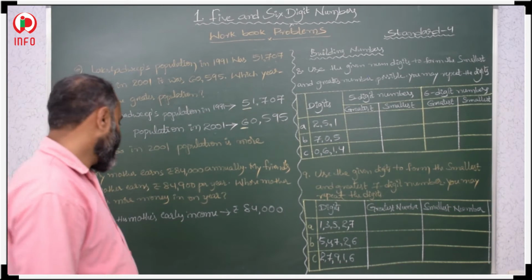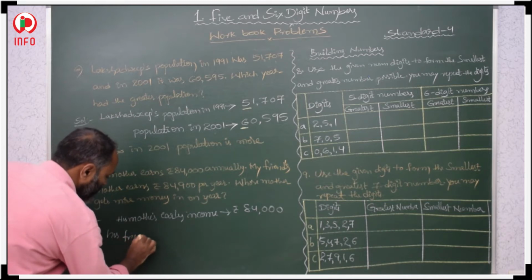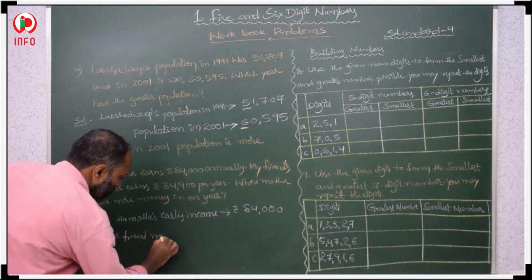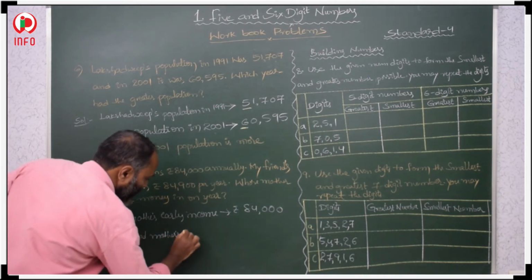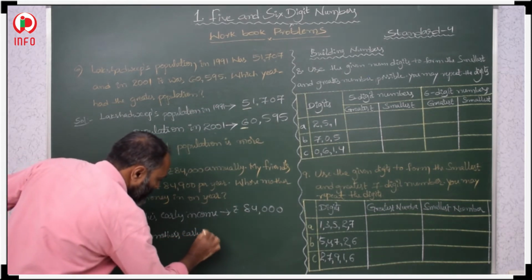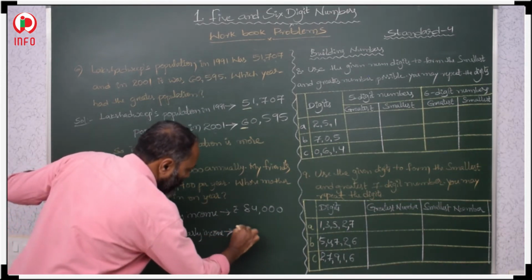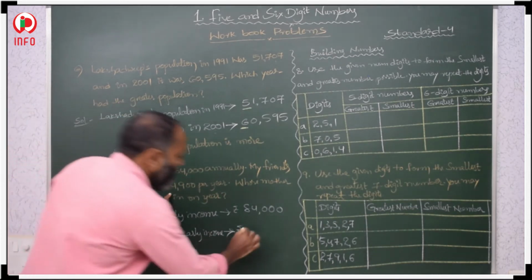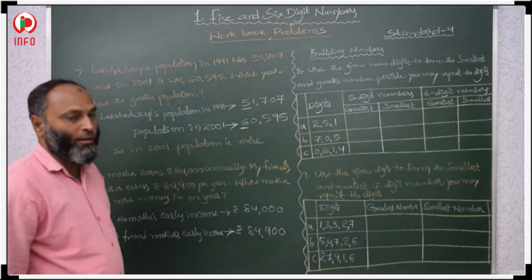Now his friend's mother's yearly income, rupees 84,900.